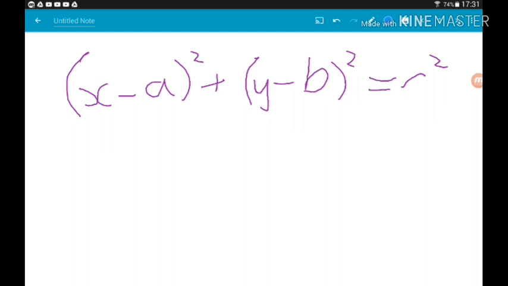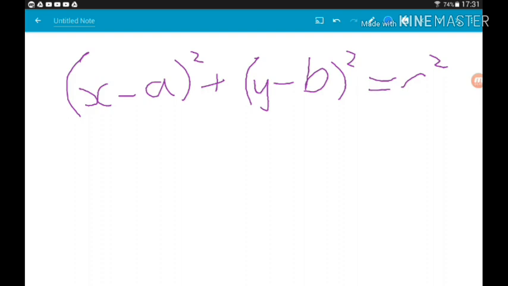So we're not always given circles in this form. They might be in expanded form, and then we need to put them back into this form to find the centre or the radius, etc.